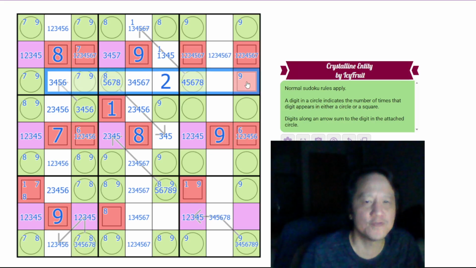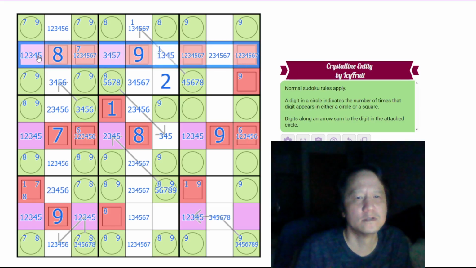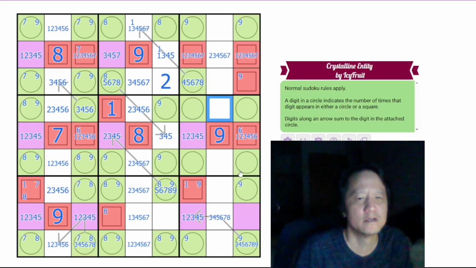So 2, 5, and 8 cannot have a 1 unless it's in row 1, 6, and 9. Okay. Right, that can't be 1. This can't be 1.